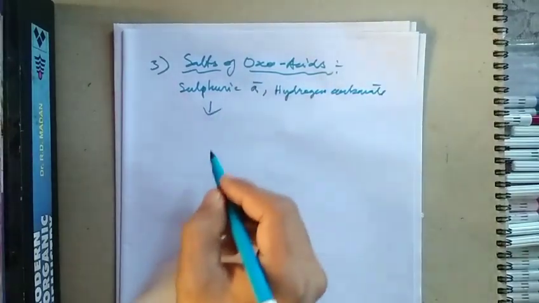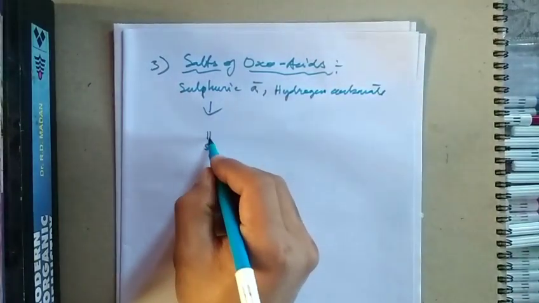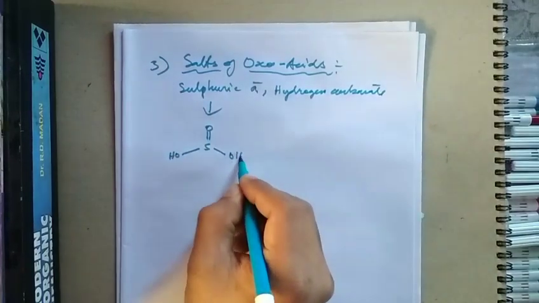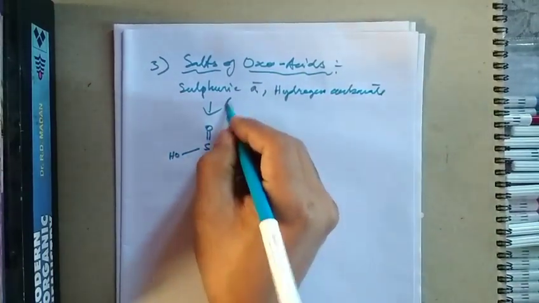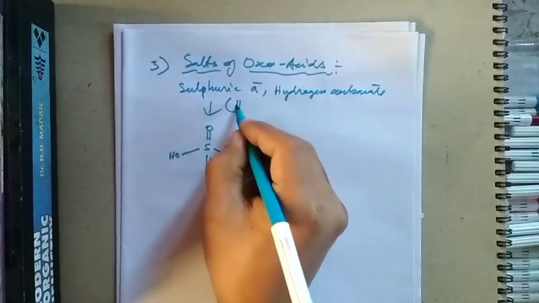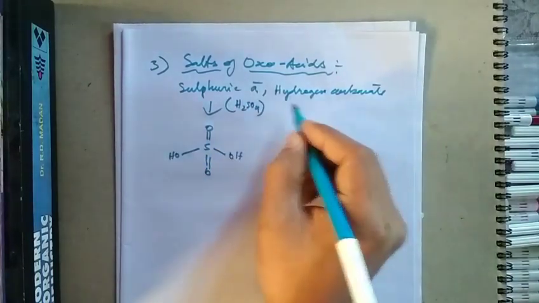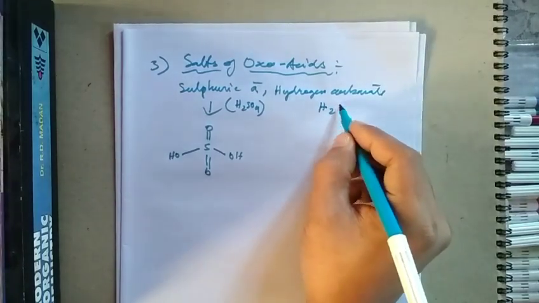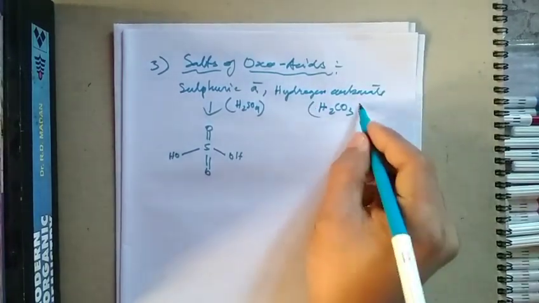Let's see the structure of sulfuric acid. Before going to the structure, I'll write the chemical formulas here: H2SO4 for sulfuric acid, and H2CO3 for hydrogen carbonate.